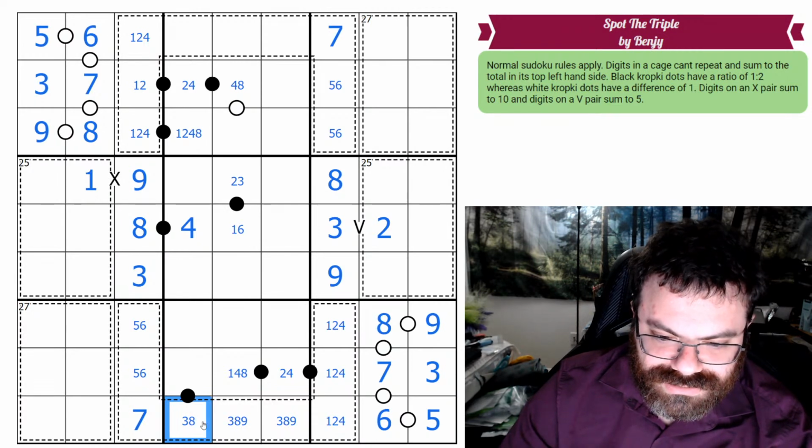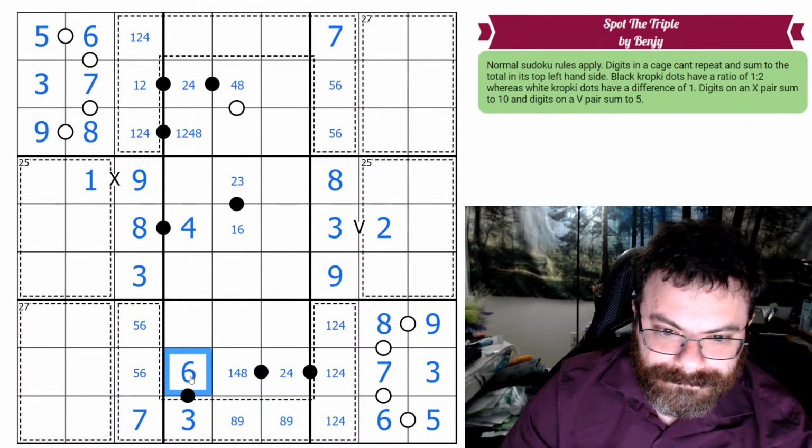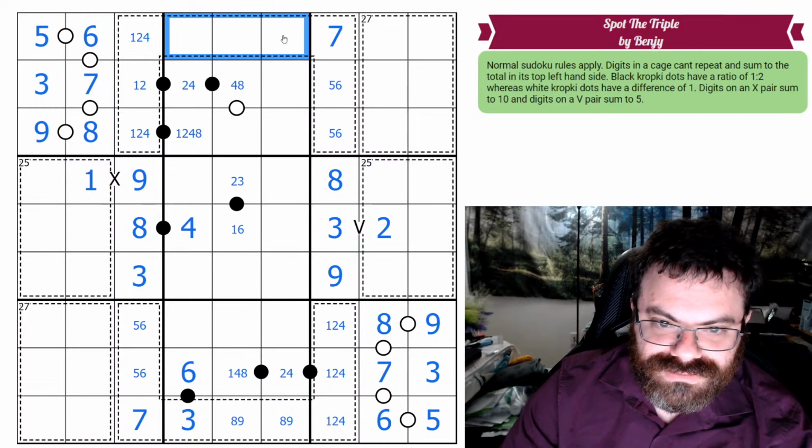That can't be 9. This contains 2 or 4, which means this can't be 2 or 4, so this has to be 3, 6. We should have the same thing. Oh no, we don't quite have the same thing here. This is 3, 8, 9. That's not 3.